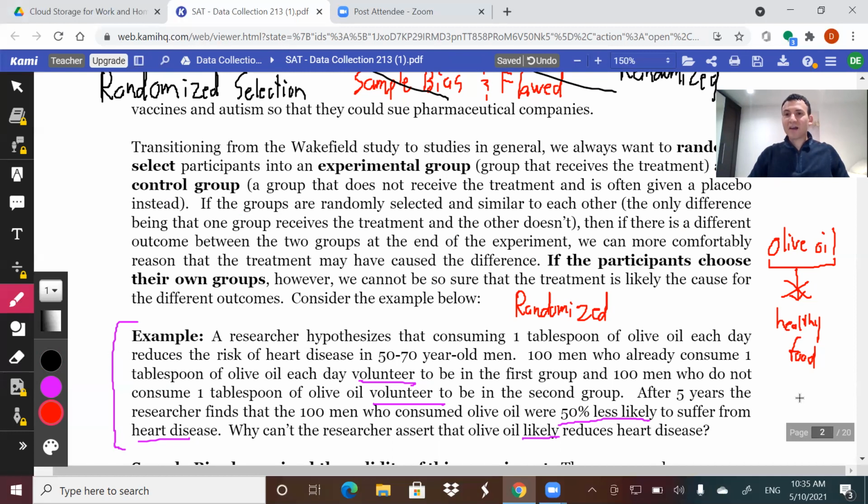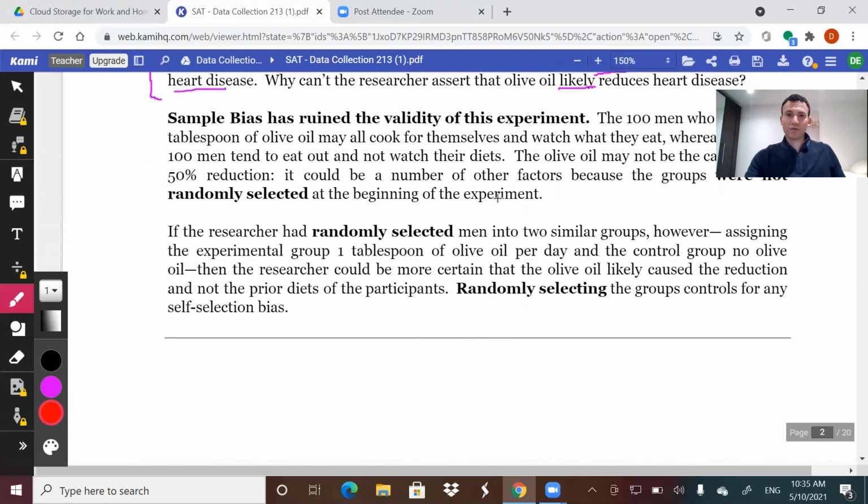And then you have a better sense, because you're controlling the stage, you can make sure that the only major difference between the 2 groups as a whole is the olive oil. But when there's volunteers, there could be other major differences at play. So you always have to be cognizant of letting people choose, because there are certain biases that tend to arise. And you can read more on that below.